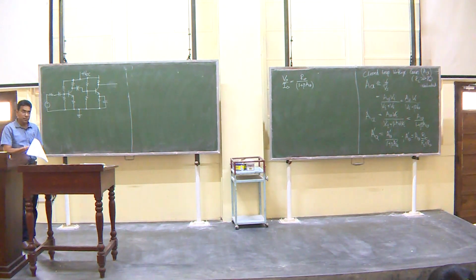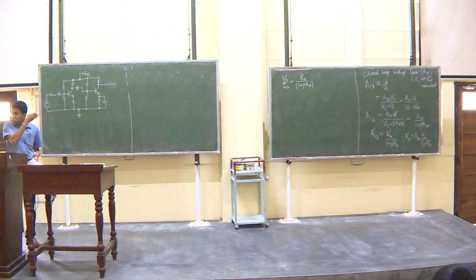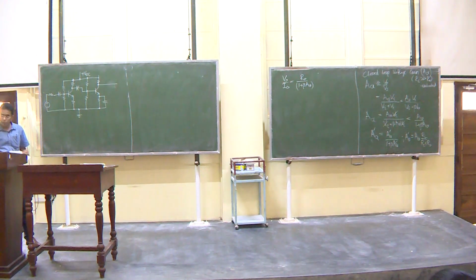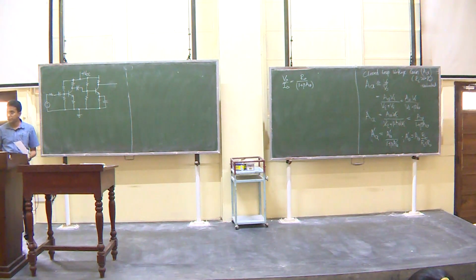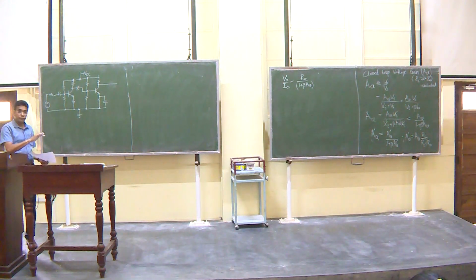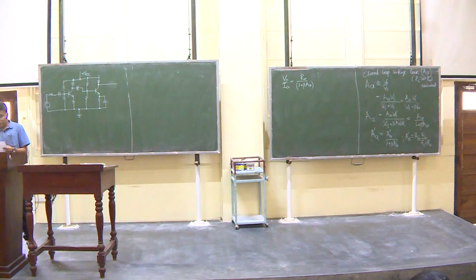Now if I give you this circuit, you should be able to do the DC analysis for the first stage and the second stage separately, find out their operating points, then make sure that they are within the linear range, that is linear active region, not saturated or cut off.